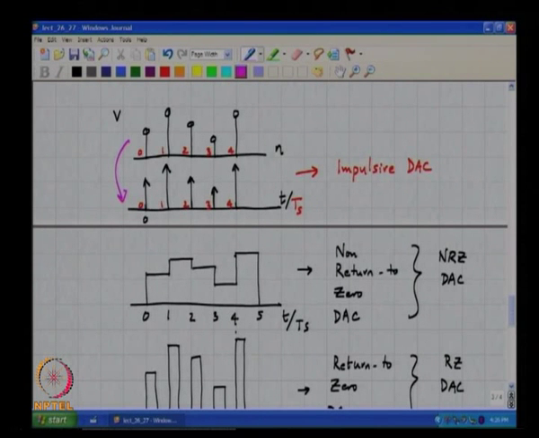Clearly, the output continuous time signal is a representation of the discrete time sequence. So, their spectra must be related. Given the discrete time spectrum, we should be able to determine the continuous time output spectrum. So, can somebody tell me what that relationship will be? Yes?